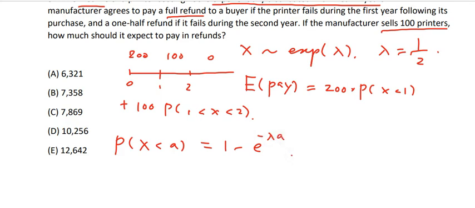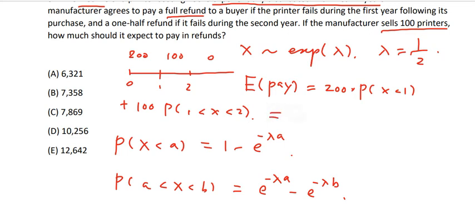And for x between a and b, the probability equals e to the negative lambda a minus e to the negative lambda b. So we just plug in the formula. Then you don't need to spend a lot of time on calculation, on integration. So let's apply it here.